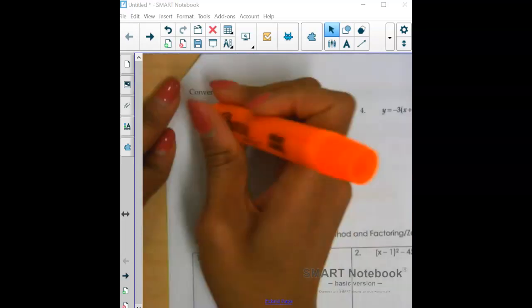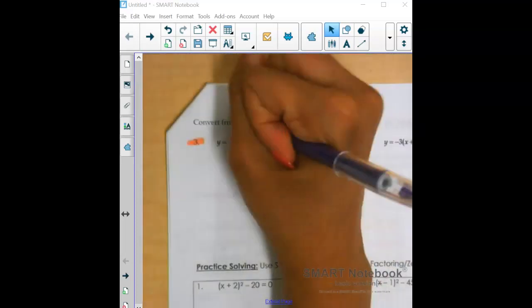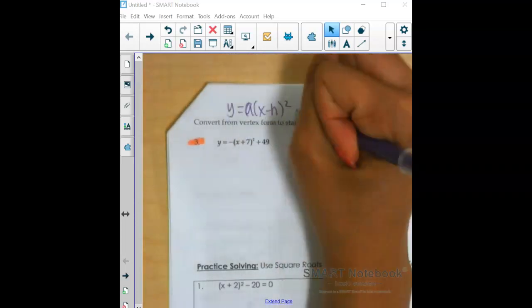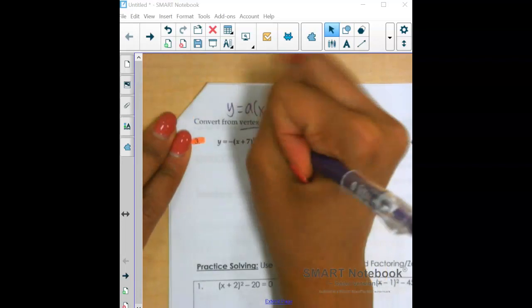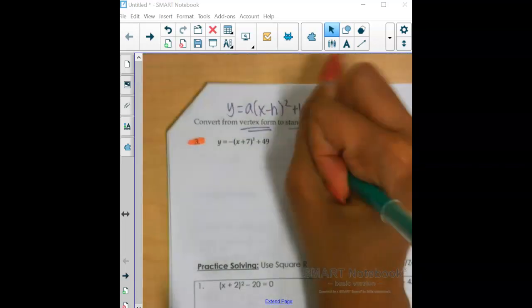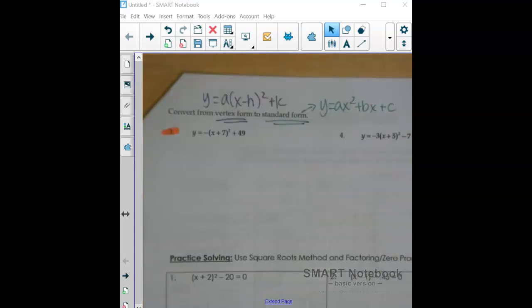Okay, so for question 3, which is this guy, it says we need to convert this from vertex form, which we'll talk a lot more about next class. That's an A. Let me make this a prettier A. We're going from vertex form into standard form, which I'm going to write in green, which is ax squared plus bx plus c, which we've been dealing with all day today.